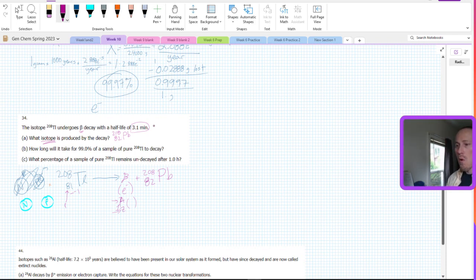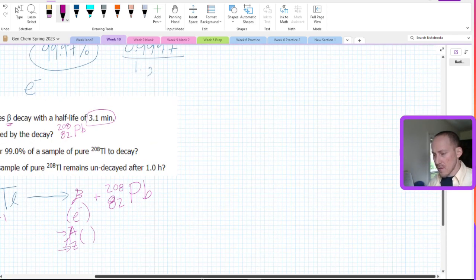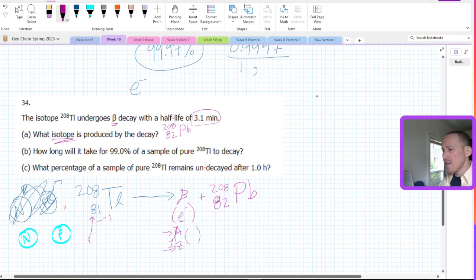So this will be a lot of half-lives probably. So let's figure out the decay rate. If the half-life is 3.1 minutes, then the decay rate is going to be the log of 2 divided by 3.1 minutes.